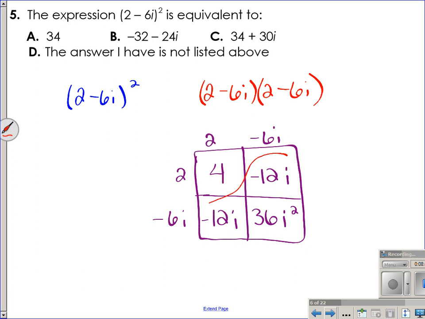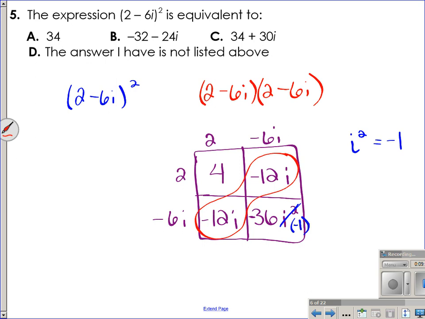I have negative 12i combines with negative 12i. But remember that little rule that says i squared is negative 1. So this i squared here, I'm going to cross off and replace it with negative 1. So that gives me 36 times negative 1, which changes this to a negative 36.